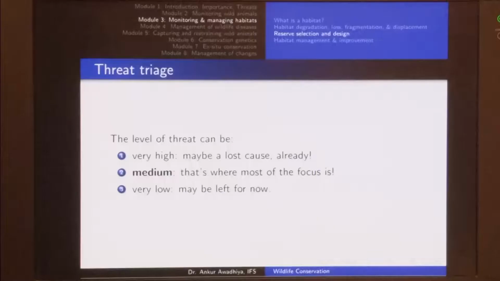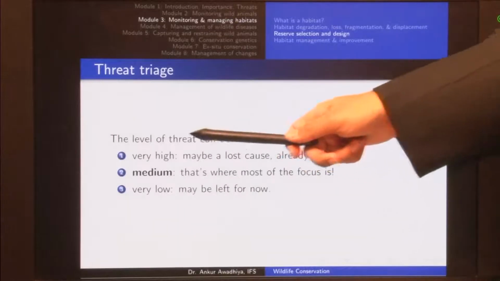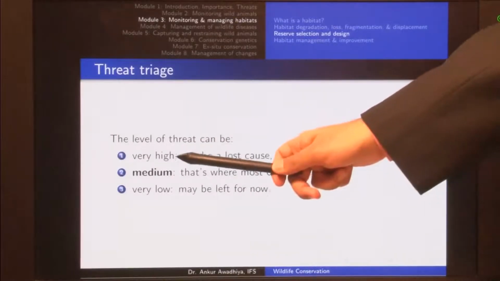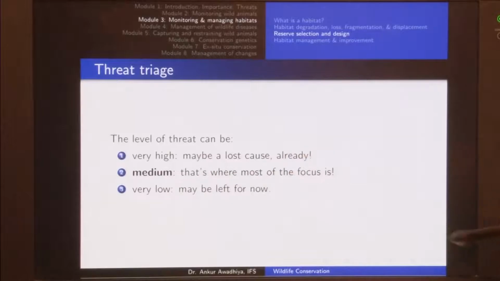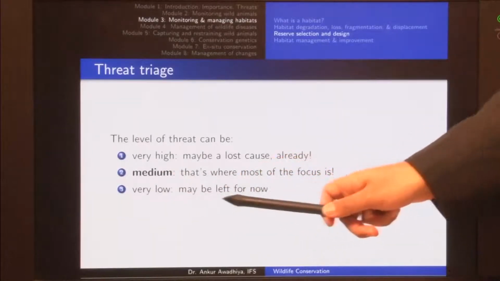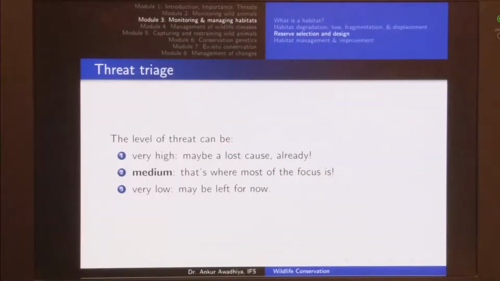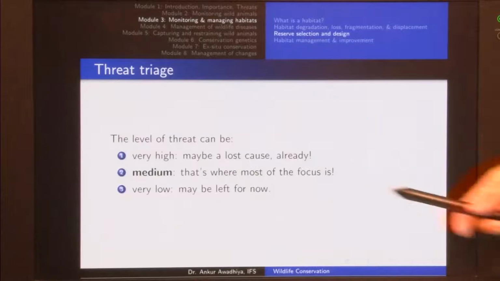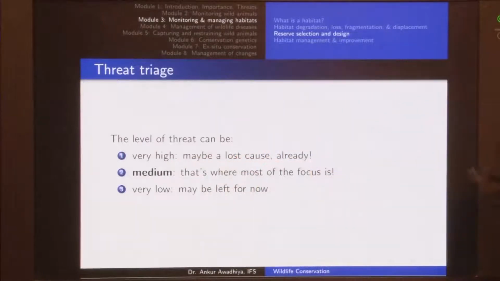Now, in the case of reserves, here also we can say that the level of threat can be very high, medium or very low. In areas that have a very low level of threat, they may be left for now, because we can cater to these regions maybe in the future. In the areas that have a very high level of threat, so essentially we are talking about areas in which we have a huge human influence, a huge anthropogenic pressure, and we have a very small area that is left.